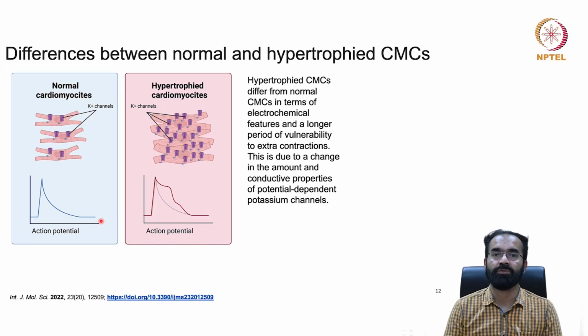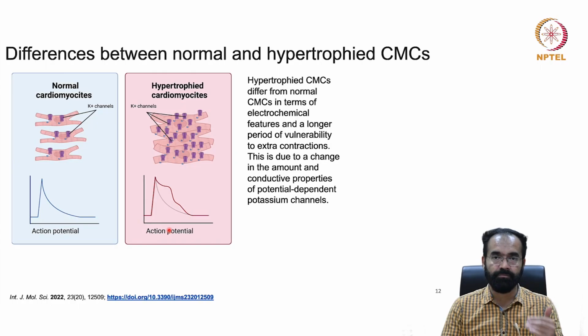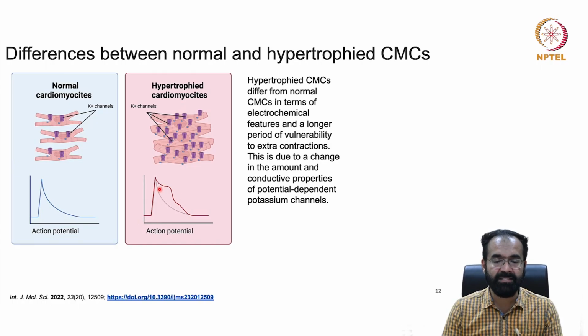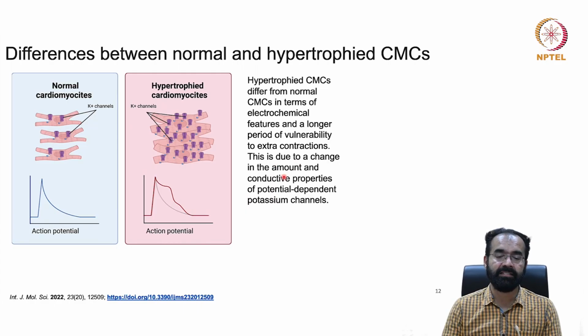You will not be able to. So you have to have a gap, and that should digest, and then you can go for a second round of food. Same logic applies. Hypertrophied cardiomyocytes relaxation takes longer, a longer period of vulnerability to extra contractions.